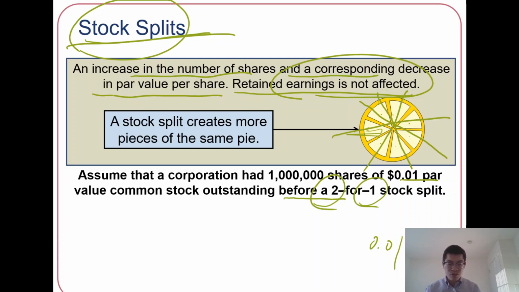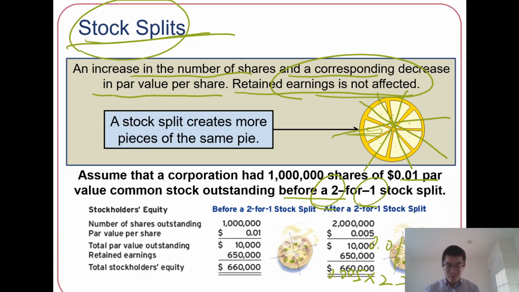But now the par value per share of common stock becomes 0.005, because 0.005 times 2 shares equals 0.01. So in total it is the same, but on a per share basis it decreases.